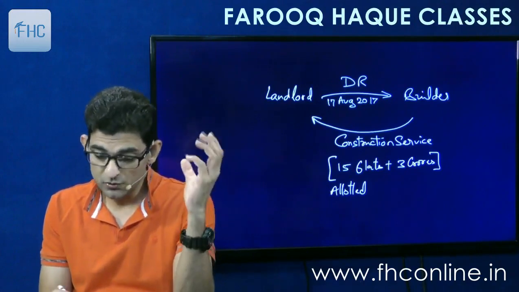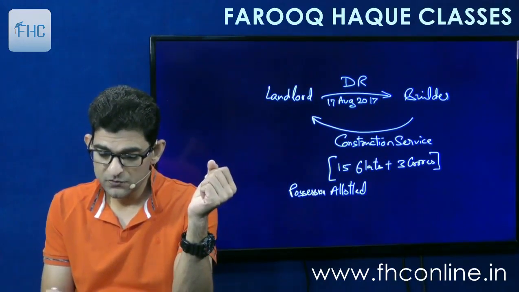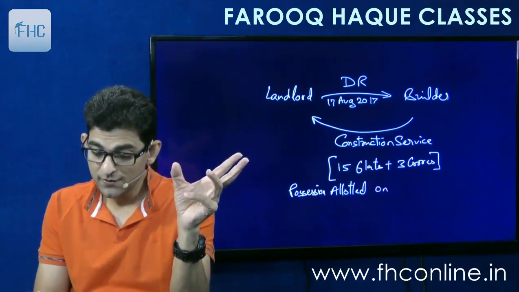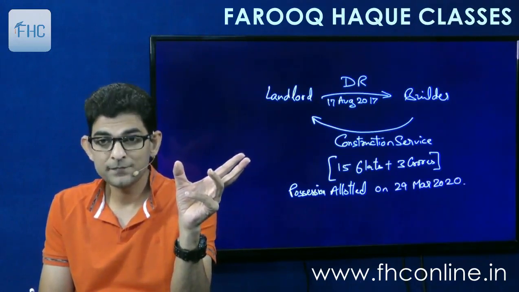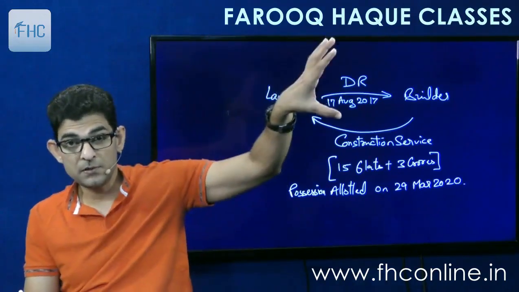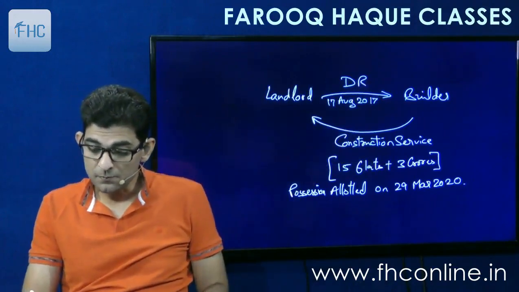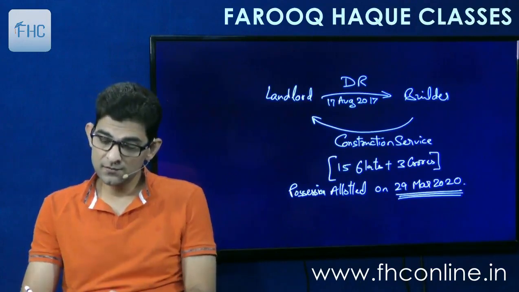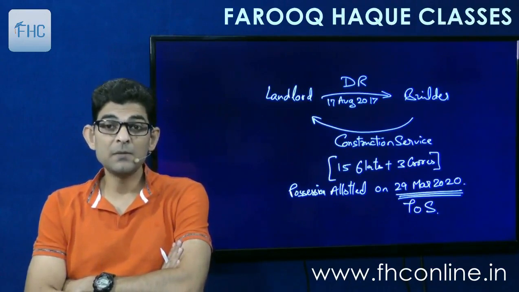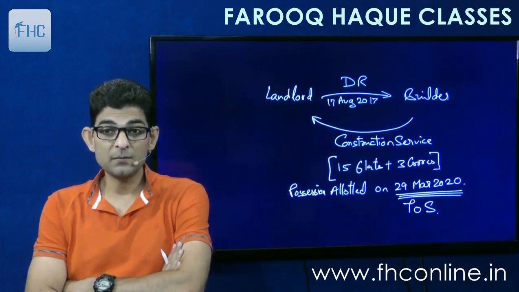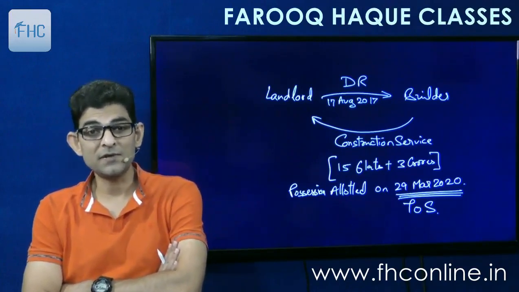Means the possession was allotted, possession granted, you can say, on 29th March 2020. So the time of supply for both these people, for the landlord as well as for the builder, will be 29th March 2020. So the liability for tax arises on 29th March 2020 for both of them, and not 17th August 2017.